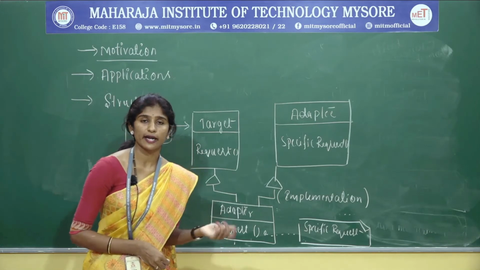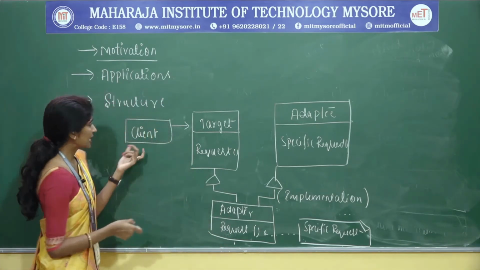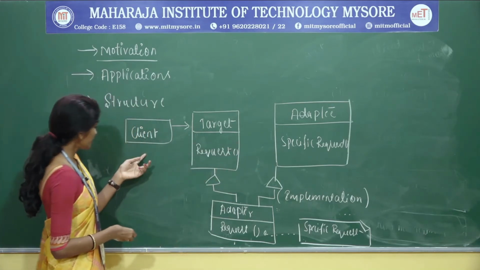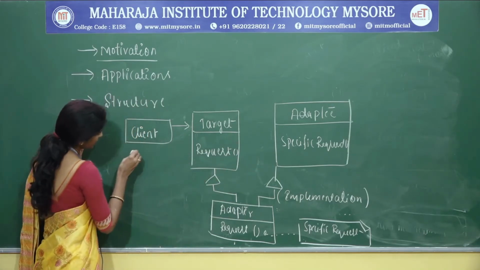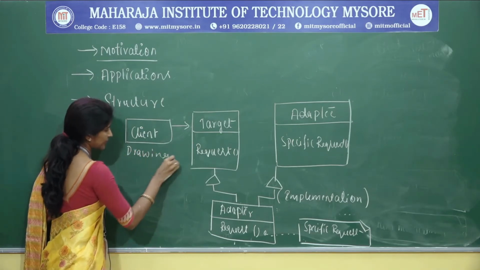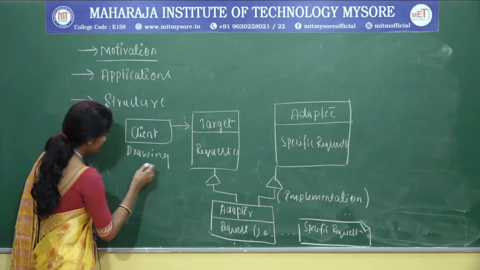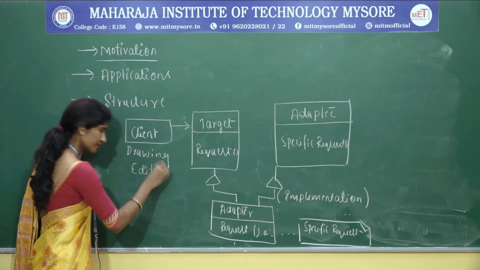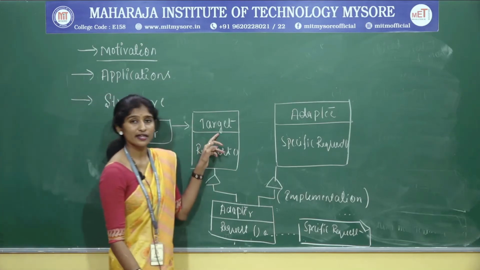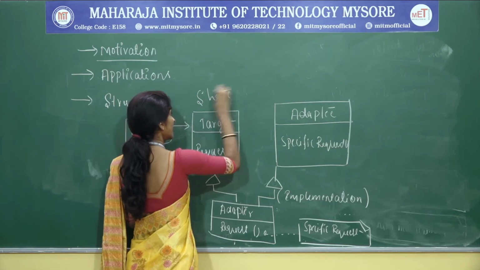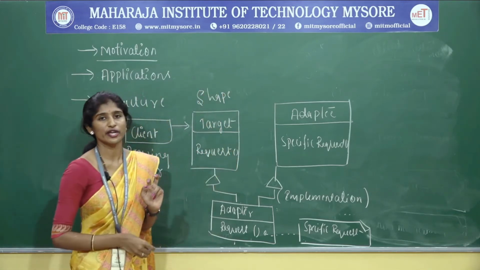In order to use the adapter design pattern, I'll give a resemblance here. The client you can imagine with respect to the drawing editor. We studied it in the motivation, no? So drawing editor, you can take it as a client. And the target is where we want to apply the adapter design pattern, that is a shape.